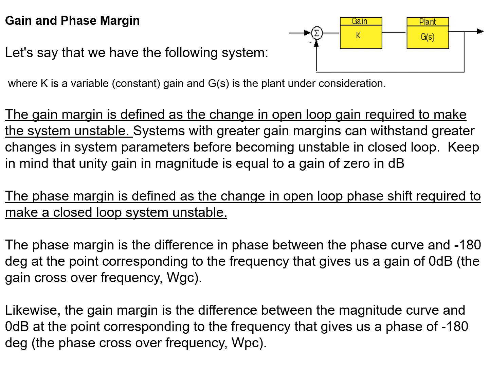Likewise, the gain margin is the difference between the magnitude curve and 0 dB at the point corresponding to the frequency that gives us a phase of minus 180 degrees, the phase crossover frequency omega PC.